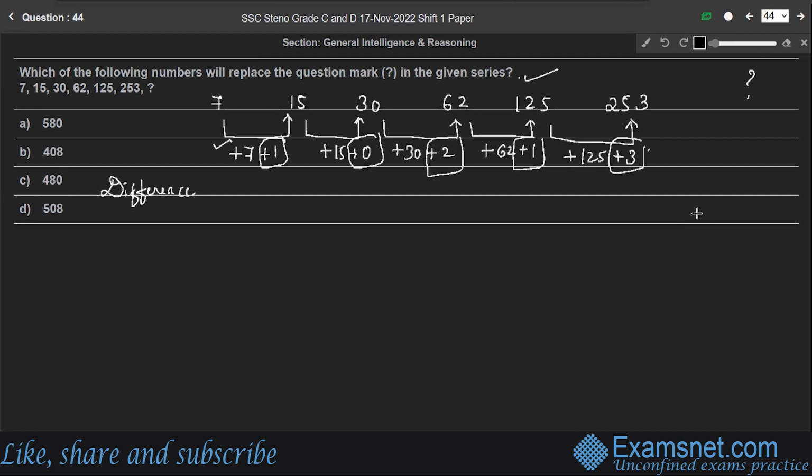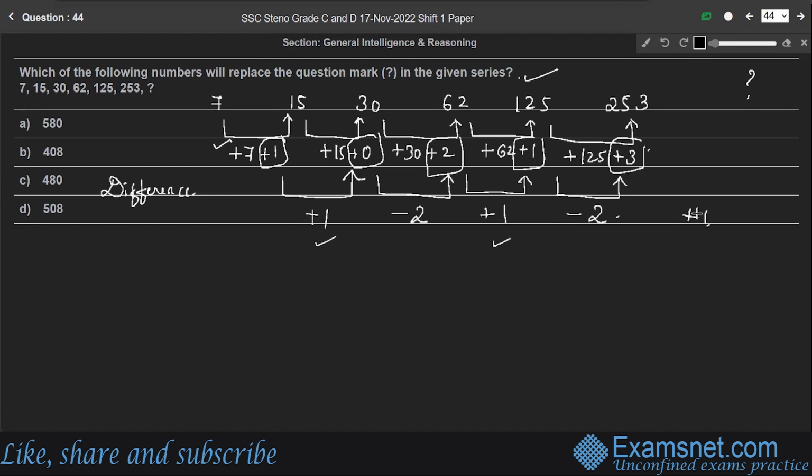I will take the difference between the numbers added. So 1 minus 0 is 1 itself, and 0 minus 2 is minus 2, and 2 minus 1 is plus 1, and 1 minus 3 is minus 2, right? These differences are repeated alternatively, 1, minus 2, 1 and minus 2, and the next difference should be plus 1.